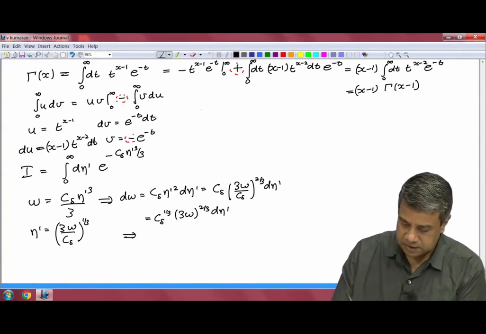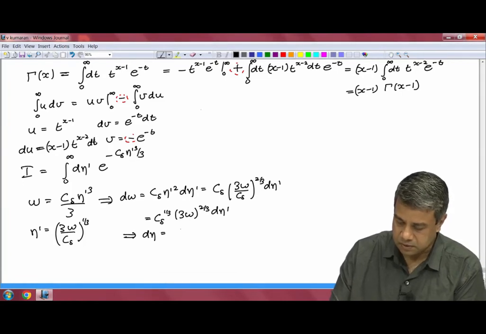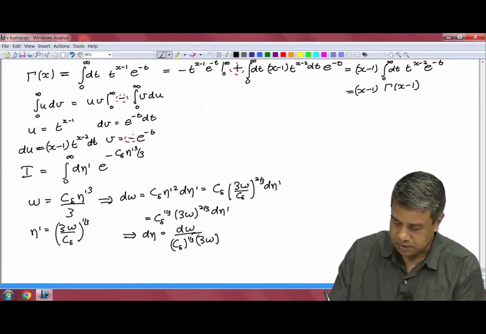What this implies is that d eta prime is equal to dw by c delta power 1/3, 3w whole power 2 by 3.